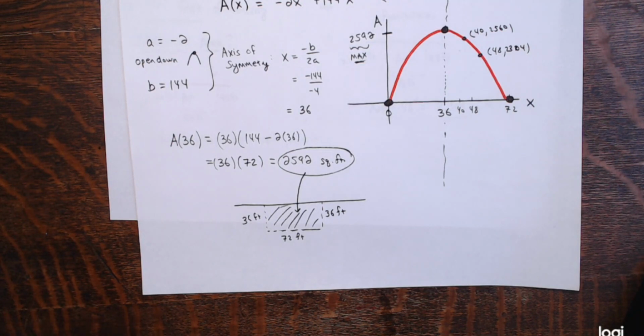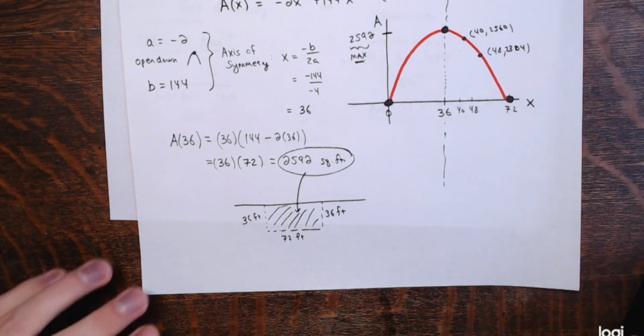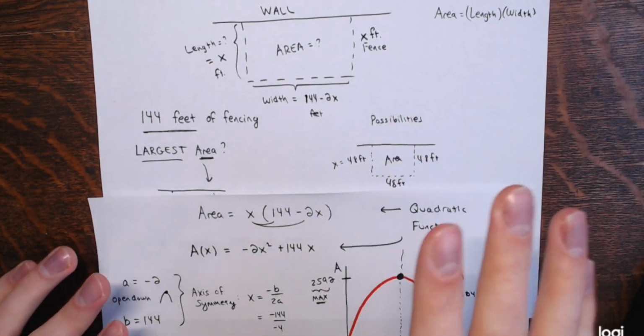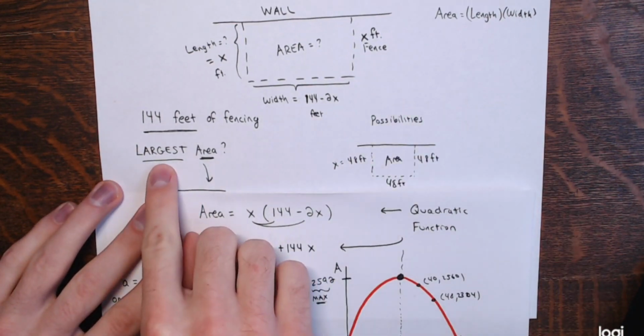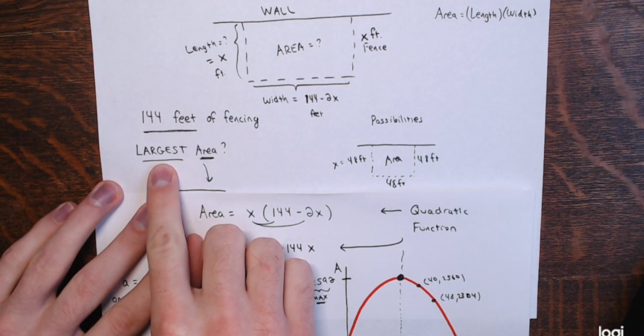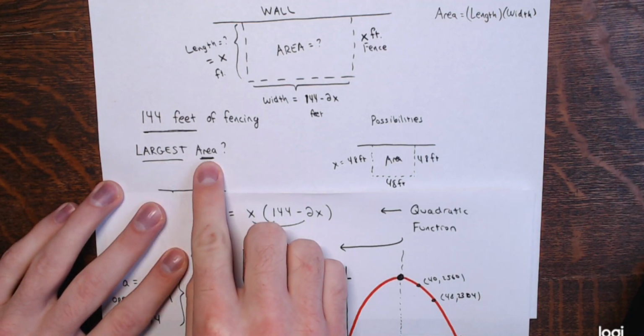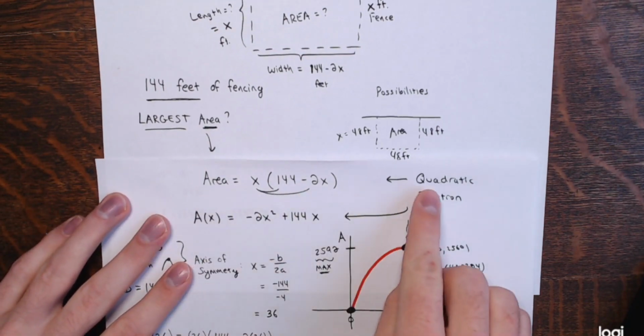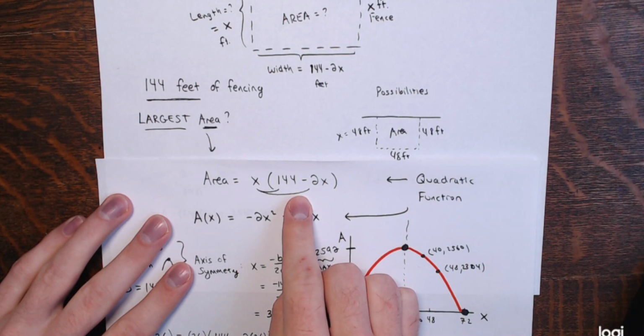Now, the key to all this, and you'll see it's the case for a lot of these word problems, is they ask me to find the largest area. So the goal is to use what you know about rectangles or whatever shape you're given to write an equation for area that is a quadratic function of some variable.